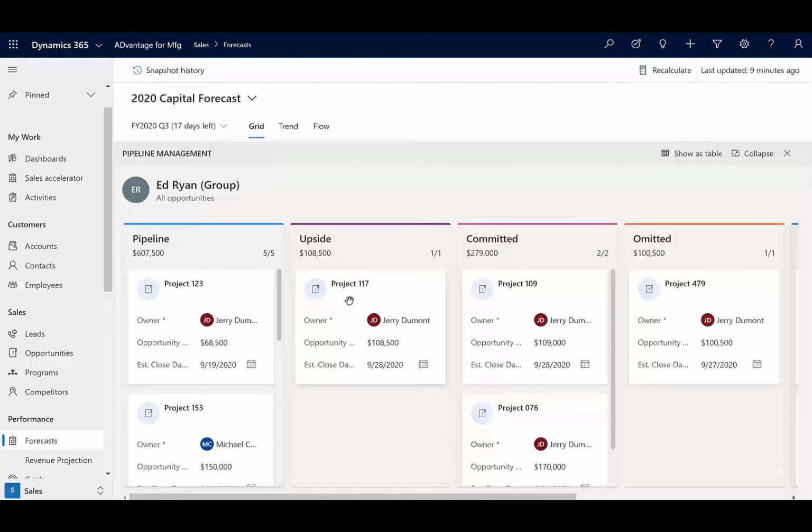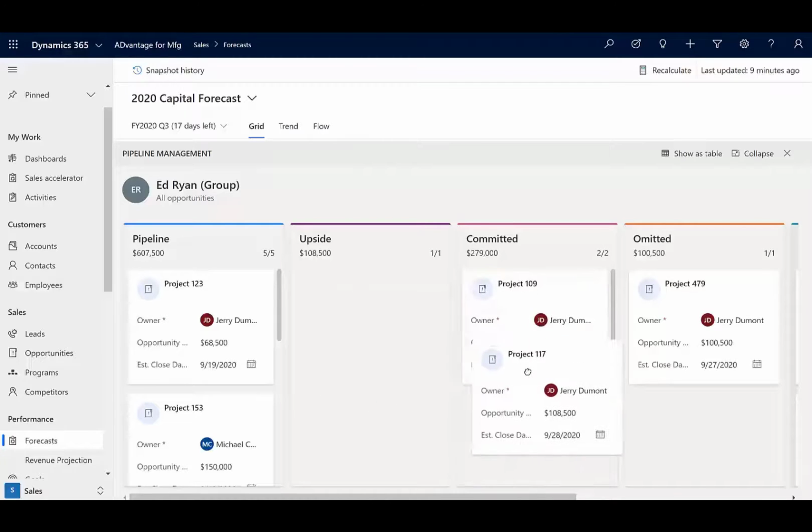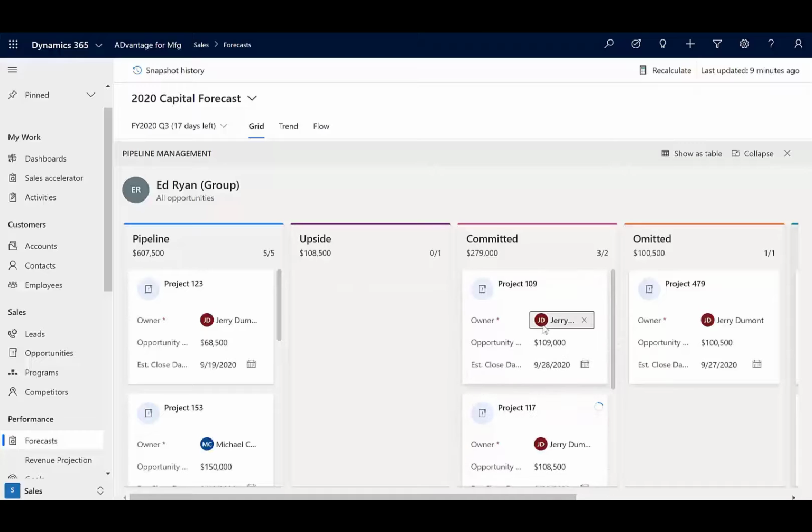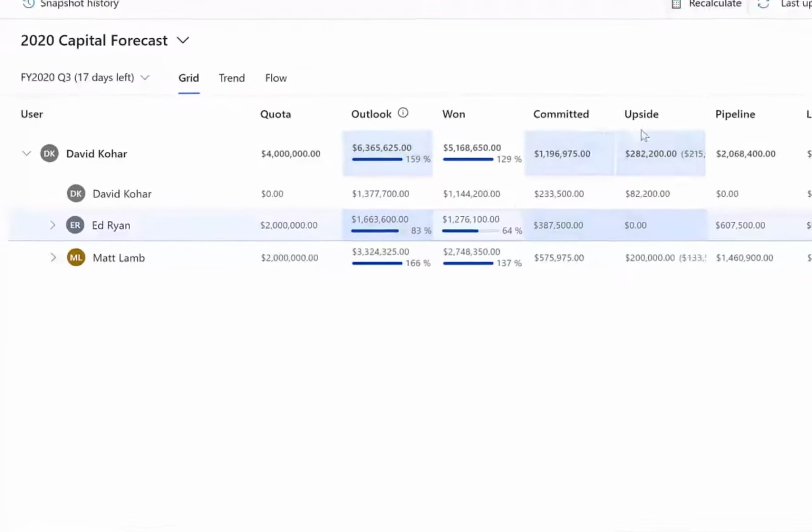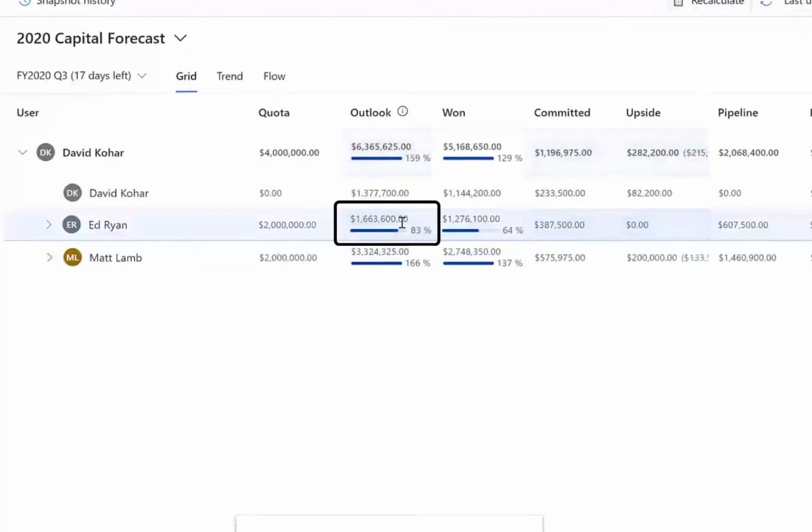Similarly, this upside deal that Jerry also has, I want to see that get into the commit column as well. So I'm going to update their pipeline around that and recalculate this. Now we can see that Ed, if he can get those two deals in, can get to at least a little over 80% of his quota for this quarter, which would be fantastic.